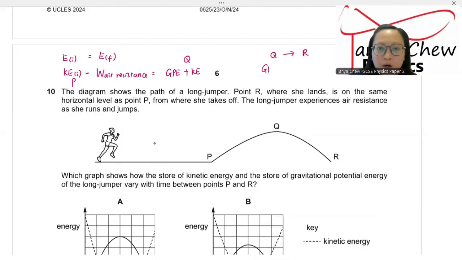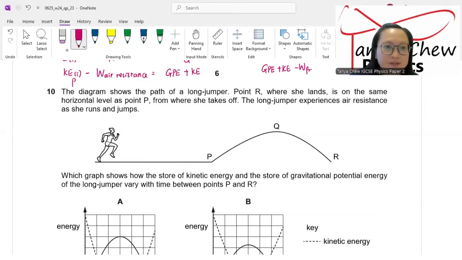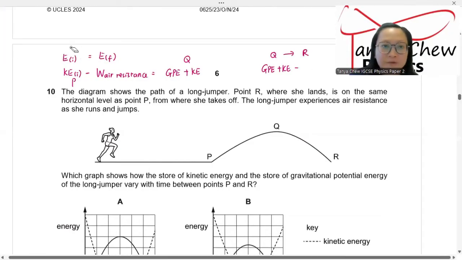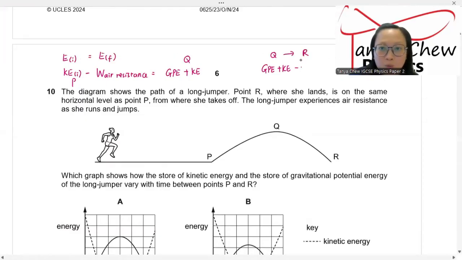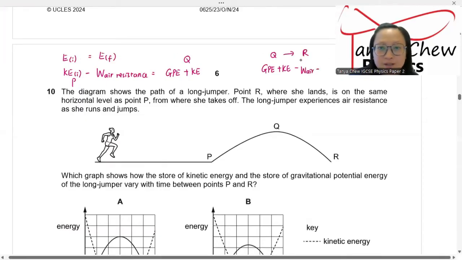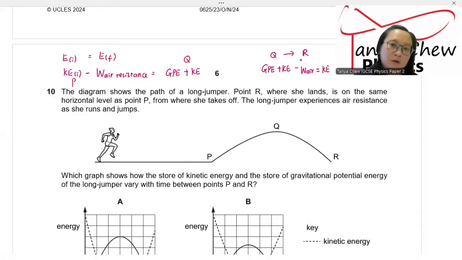From Q to R, it is GPE plus KE, right? Still minus the work done against the friction. Not work done against the friction, I'm so sorry. Work done against air resistance, because she is moving and the air resistance is acting. So she has to do work. Work done against air is equal to the final energy, which is the kinetic energy at R.